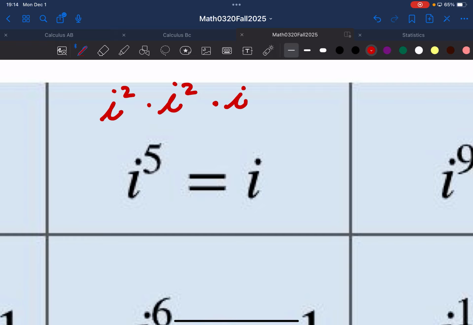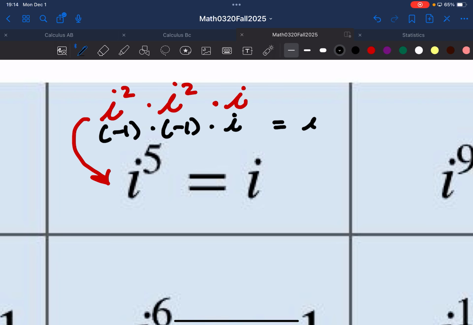We know that i squared is -1. So this is -1 times -1 times i, which is positive i, because a negative times a negative is a positive. So that's where this came from.